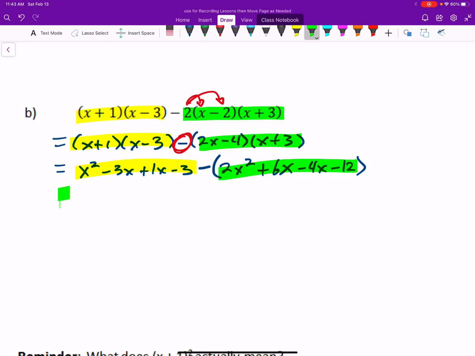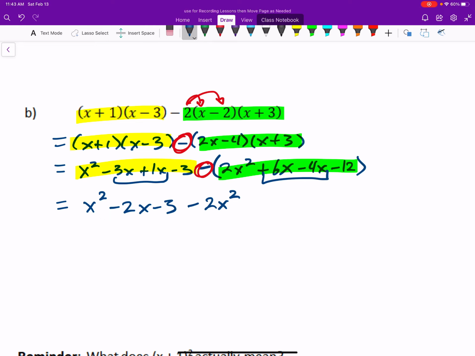Okay, collect my like terms in the first set. I've got x squared minus 2x when I combine these two like terms. Now, again, I have to deal with this minus sign. Remember what it does? Changes all the signs. So this is going to become a minus 2x squared when I take off the brackets. I could combine these maybe at the same time.